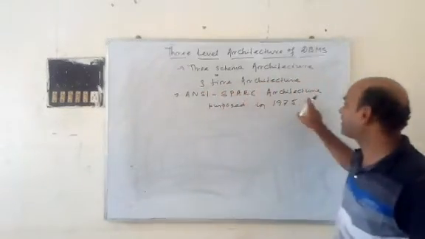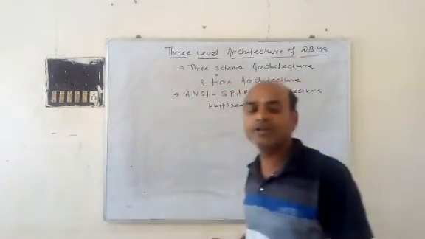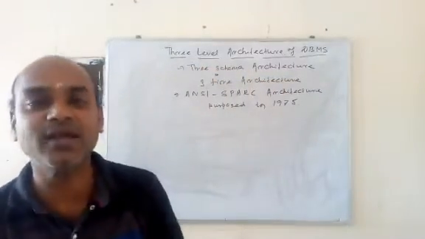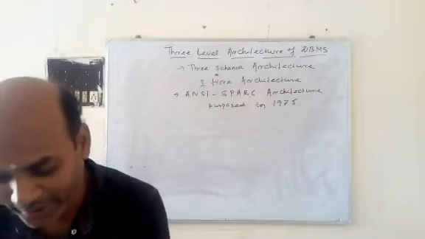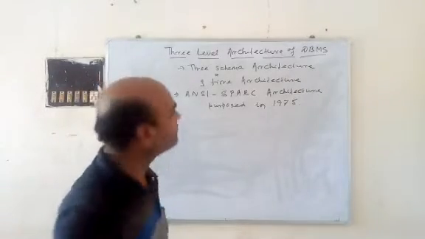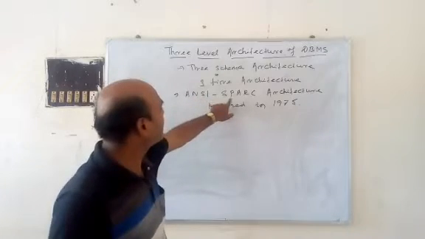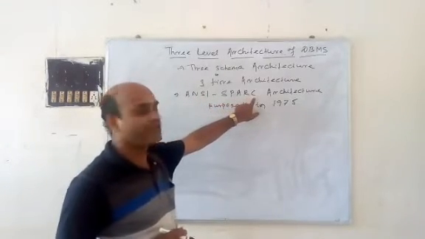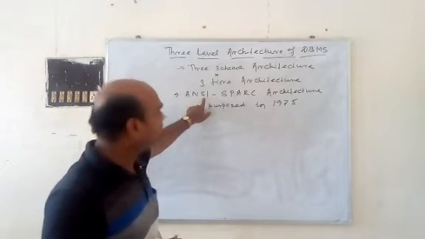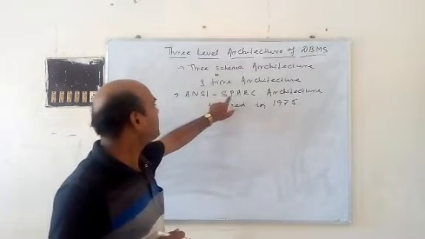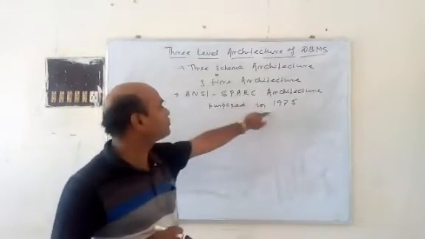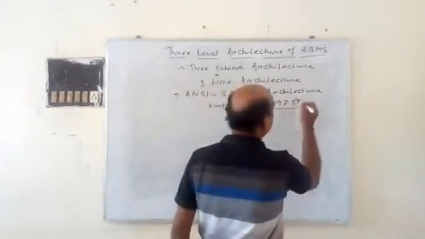ANSI is the American National Standards Institute, whereas SPARC is the Standards Planning and Requirements Committee. This architecture was proposed in 1975.